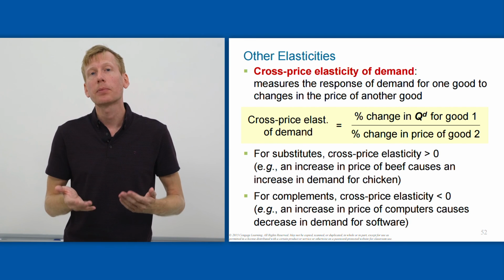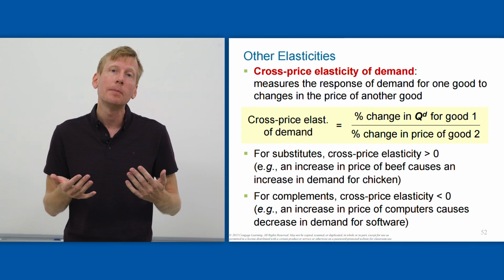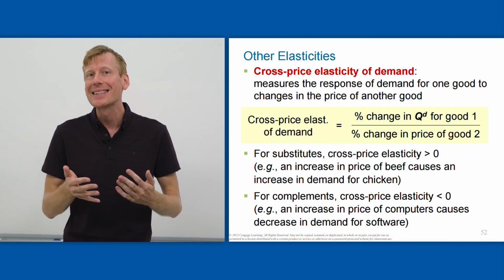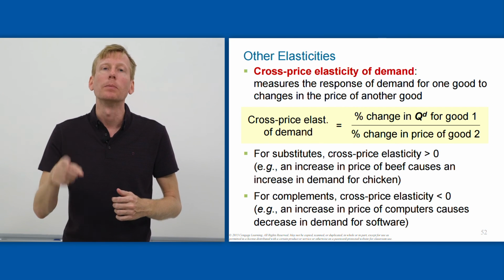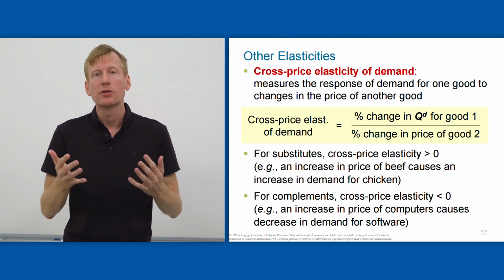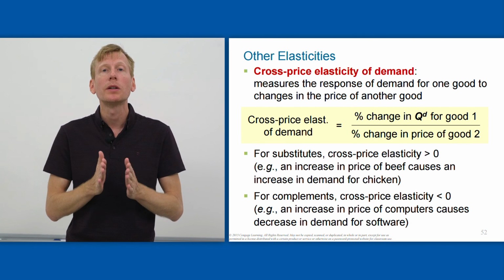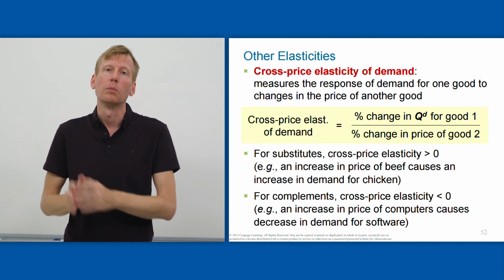But as we increase that price for beef, we see an increase in the quantity demanded for chicken. So we expect to see a positive cross-price elasticity between chicken and beef, because these two goods are substitutes rather than complements, two goods that we don't want to consume together. We would consume one, but never both.